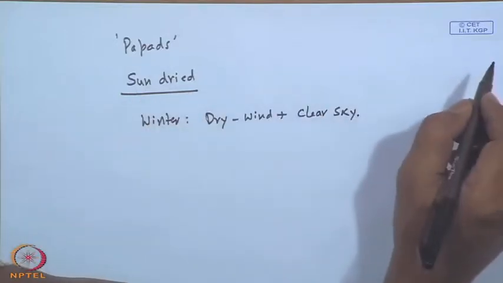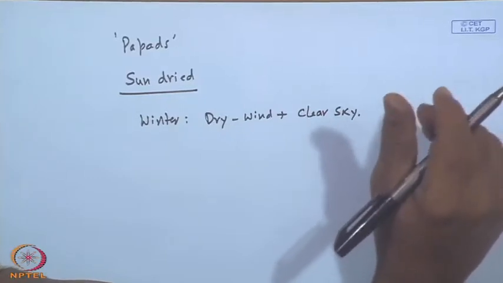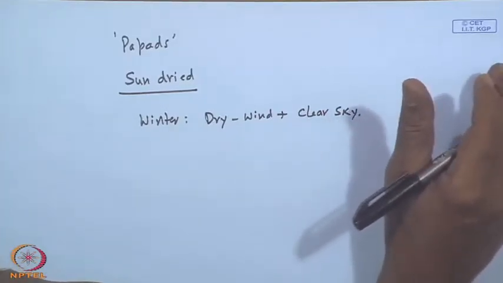If you have a clear sky in southern, lower latitudes, the winter solar radiation is not at all that low. And we had seen, in the data I have given, if you look at Trivandrum, the minimum was about 18 megajoules per meter square a day, and the maximum was about 21 megajoules per meter square a day for the months from January to December.